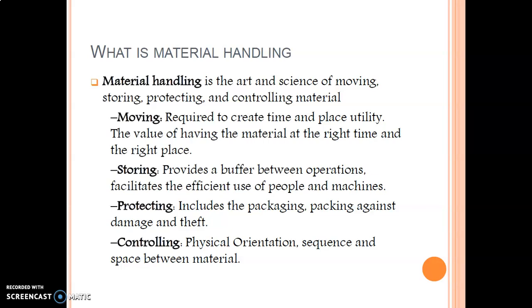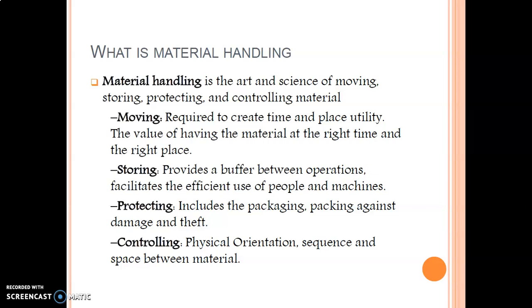Protecting, including the packing against damage and theft. So packaging, protecting is also an important parameter, because suppose you have a system which is very delicate or which is made with glass or any material which can be damaged during the transportation, or suppose you have a container which is filled with liquid, that may create leakage during the transportation.